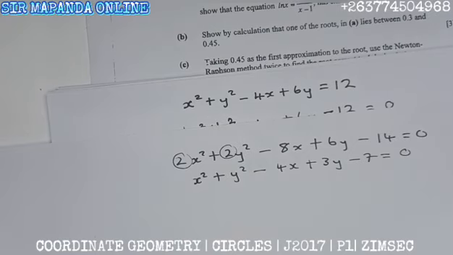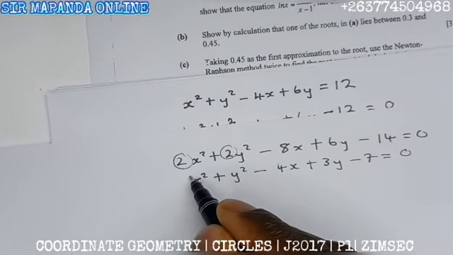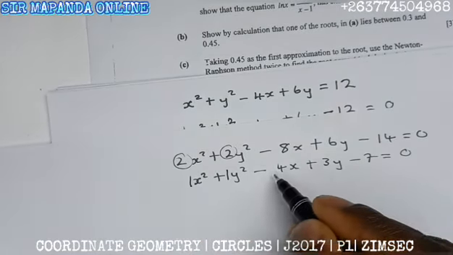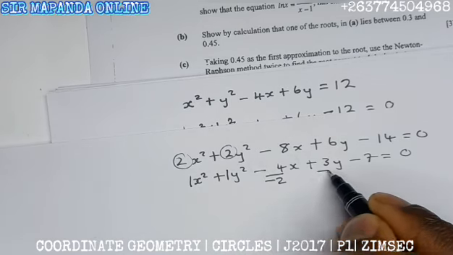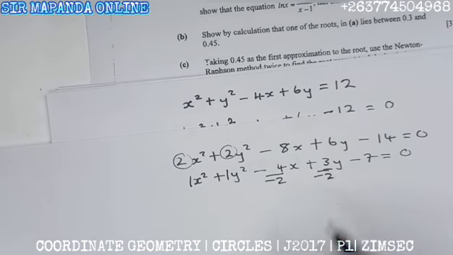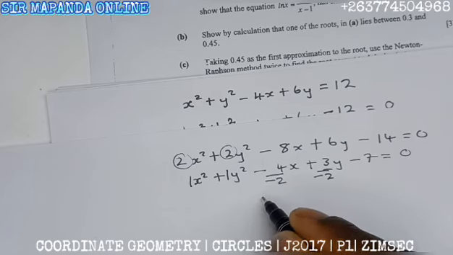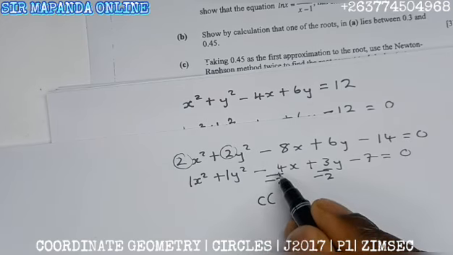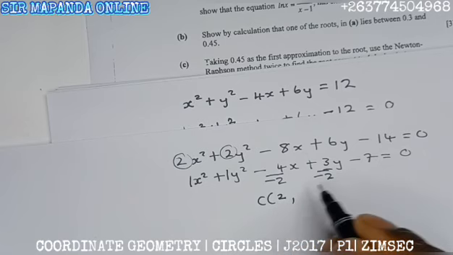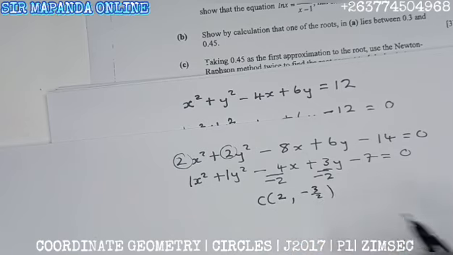Equate this with 0. Now that the coefficient of x squared and y squared is 1, you can now divide the coefficient of x and the coefficient of y to find the coordinates of the center. Minus 2 into minus 4, you get 2. Minus 2 into 3, you get minus 3 over 2. And this is your result.